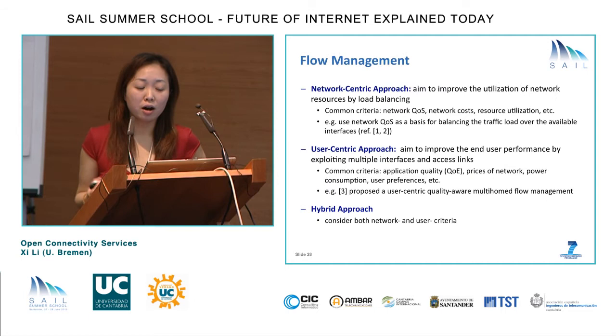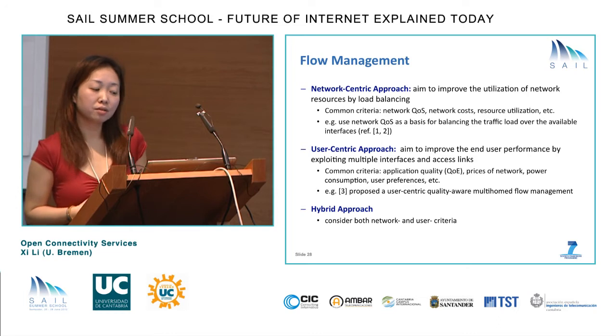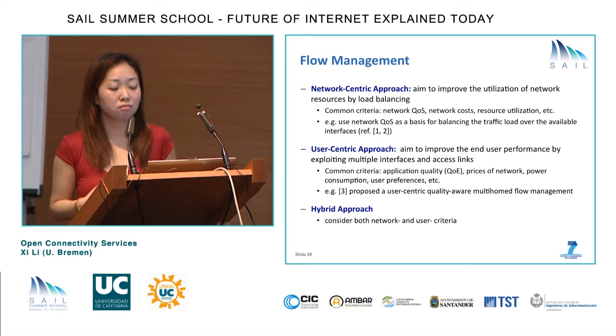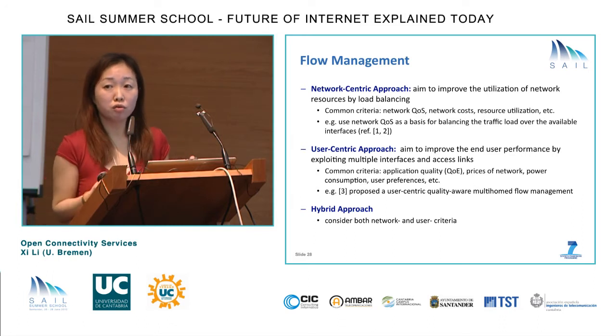So in general, when we design the flow management approach, we can classify them into 3 main classes. The first one is the network-centric approach. This means that we design the flow management mainly from the network point of view.